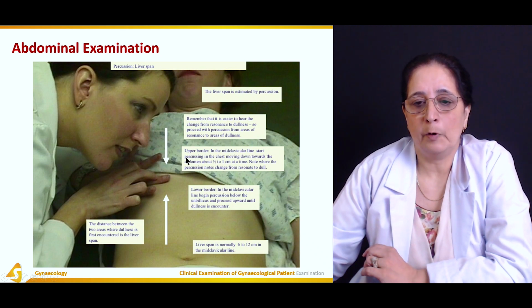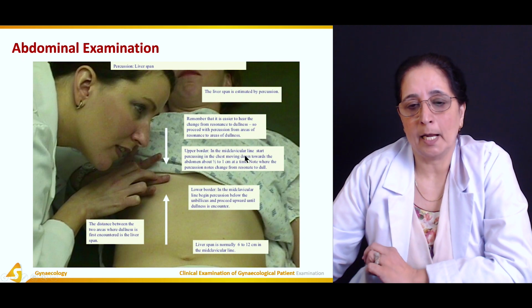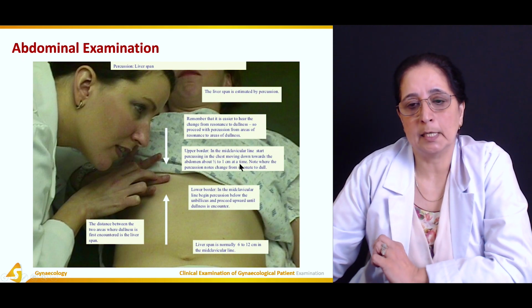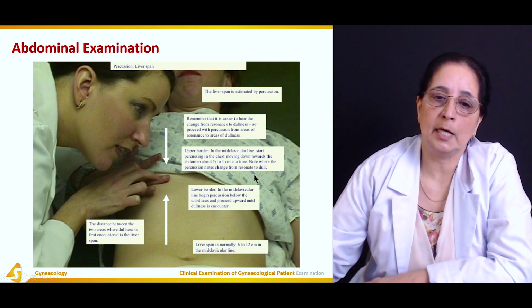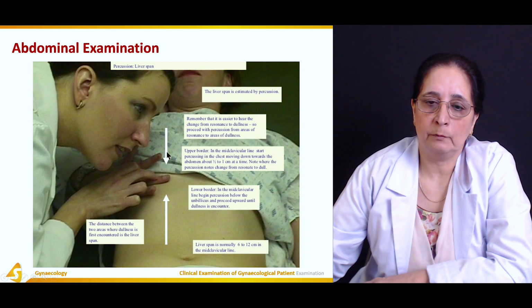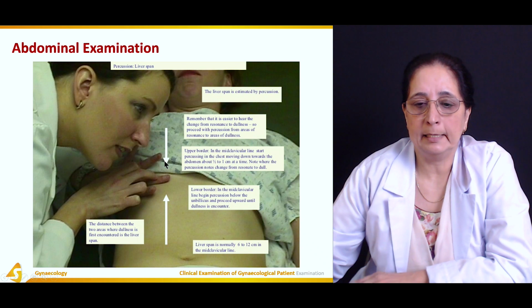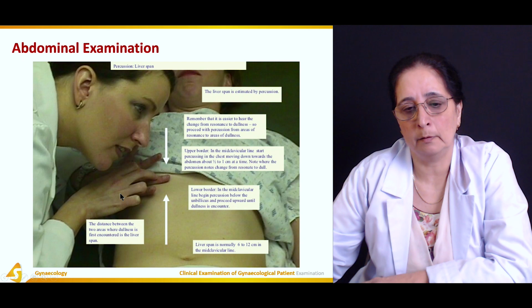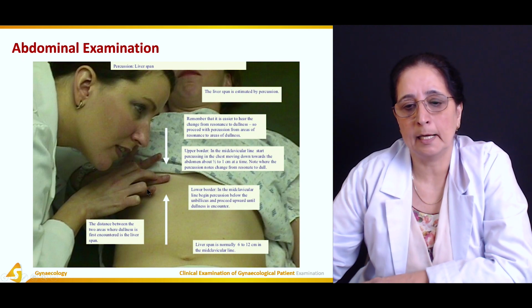For the upper border, in the mid-clavicular line, start percussing in the chest, moving down towards the abdomen, about 1 centimeter at a time. Note where the percussion note changes from resonant to dull. Once we move from resonant to dull area, that gives us the idea if the liver is enlarged, and if we feel it lower in the right hypochondrium, it means the liver is enlarged.